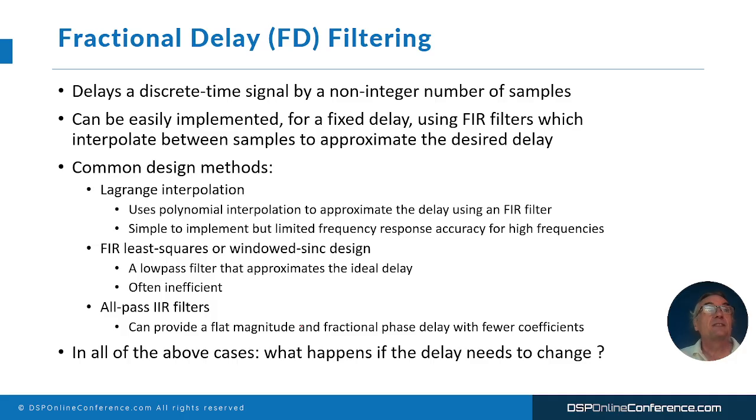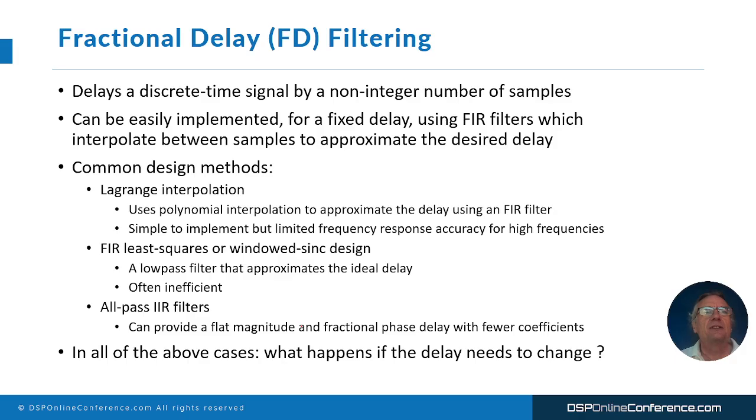As the name suggests, this is an algorithm or a technique that delays a discrete signal by a non-integer number of samples. In reality, this can be very easily implemented for a fixed delay using simple FIR filters. And some examples of the interpolation algorithms that you might use are listed here.